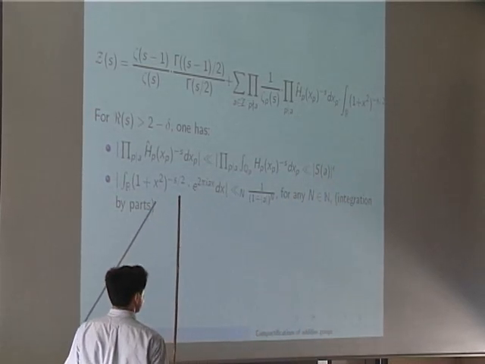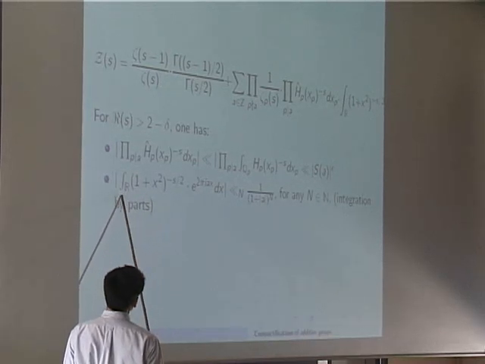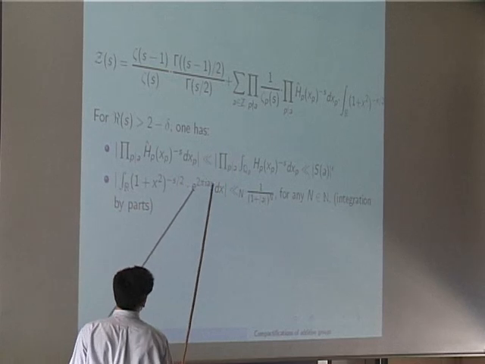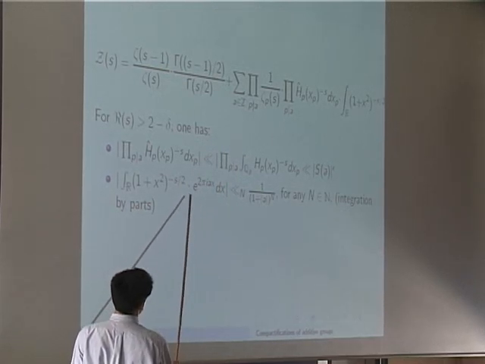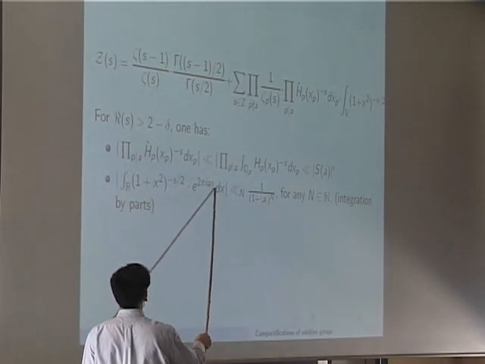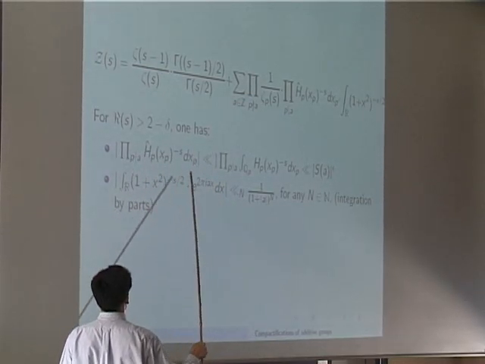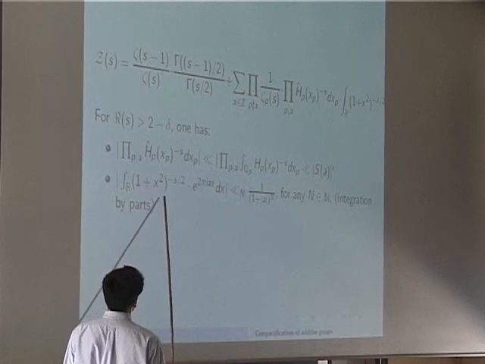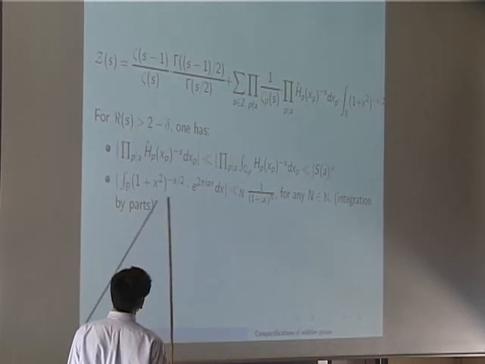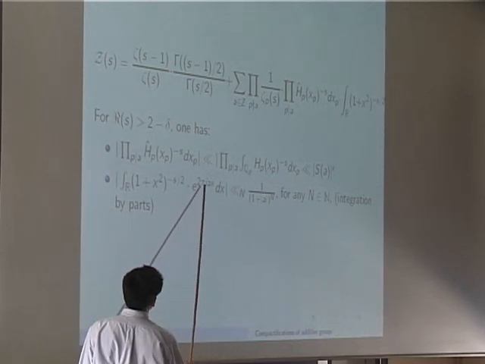It's not significant, but it depends on a. Now, to get convergence of this sum, we need to do integration by parts, like you do in Fourier analysis. So this goes into here, then you take the derivative of that, and it turns out that for s in the neighborhood of 2, indeed, what's left is going to be convergent.